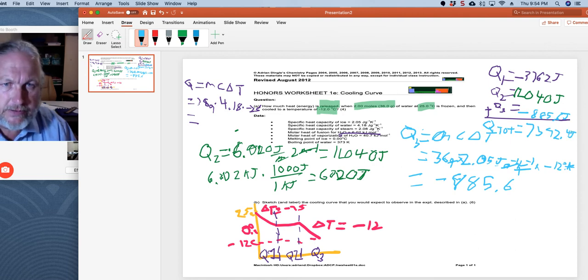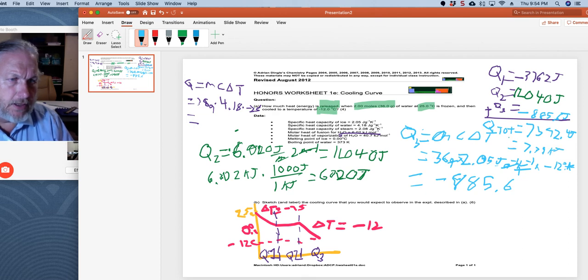All right, so how many sig figs can I use? Let's see, they had 3 right there, 3 right there, 3 right there, 3 right there. So I can only use 3 sig figs. So what I'm going to do is convert that to kilojoules, which means I move my decimal over 3 places. That's going to be 7.39 kilojoules.